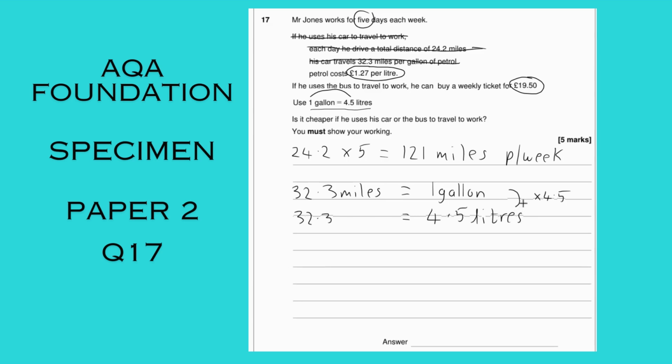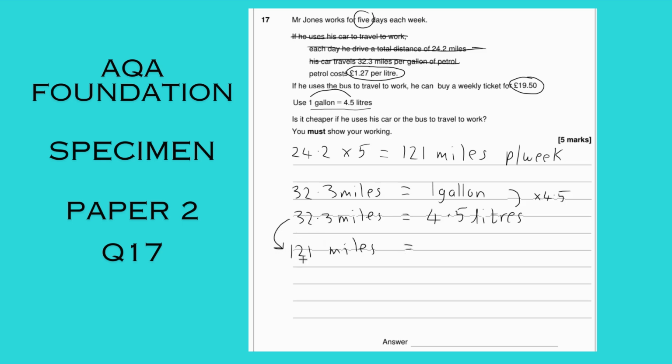So we've now got the equivalence that his car will do 32.3 miles for 4.5 litres. So now we're going to bring in 121 miles.